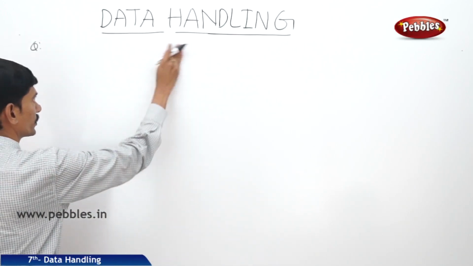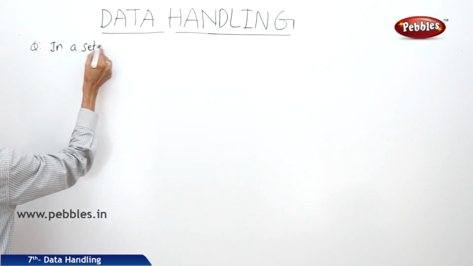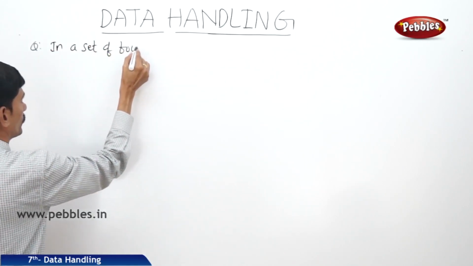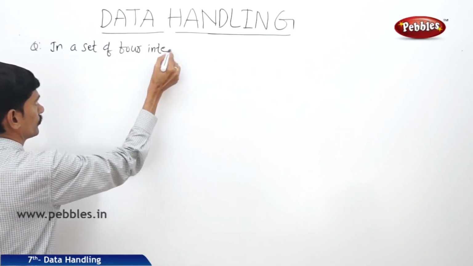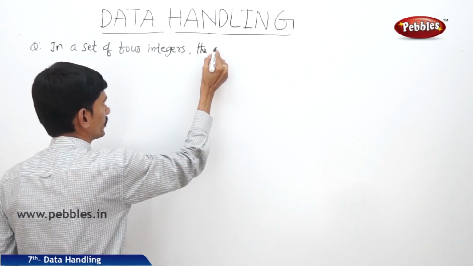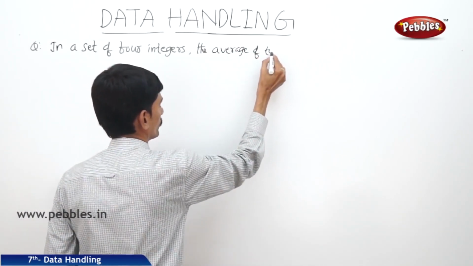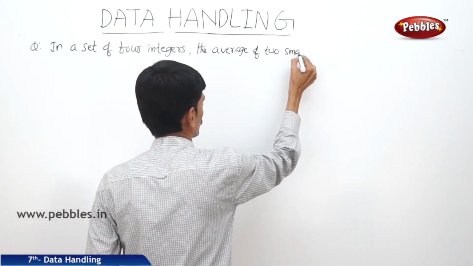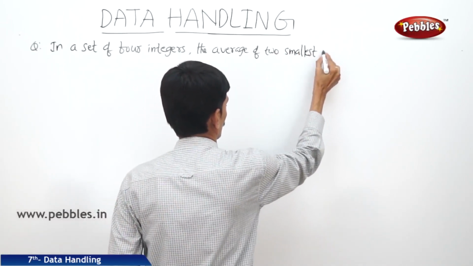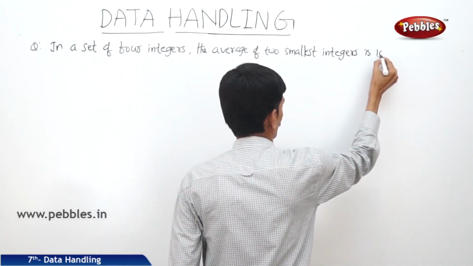In a set of 4 integers, the average of 2 smallest integers is 1 or 2.